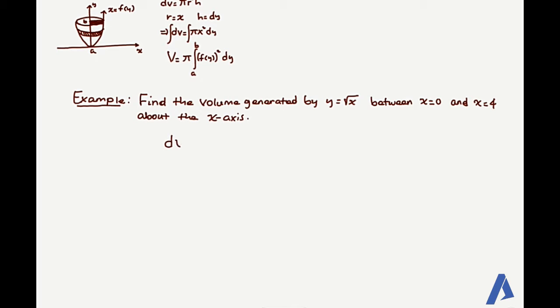ስለዚህ dV is equal to pi r square times height ነው ተባብለናል። Our radius in this case is the square root of x. ስለዚህ the square root of x the whole square is x and our height is dx.